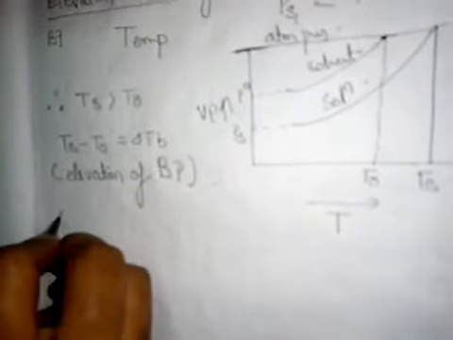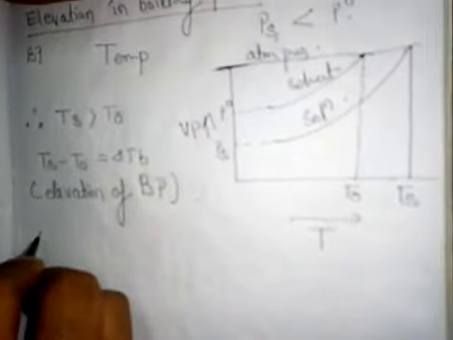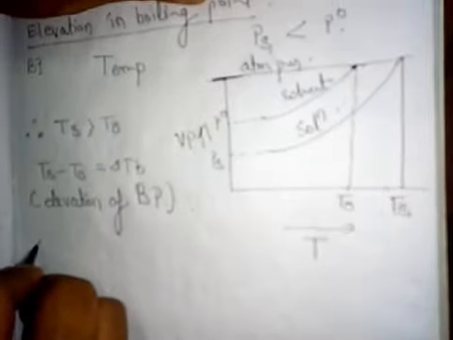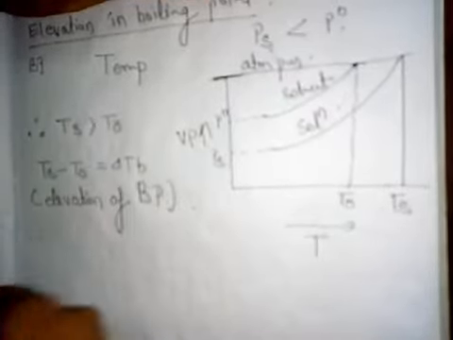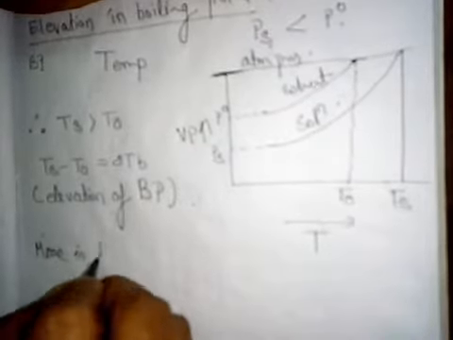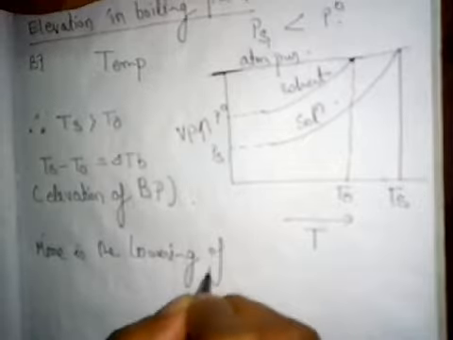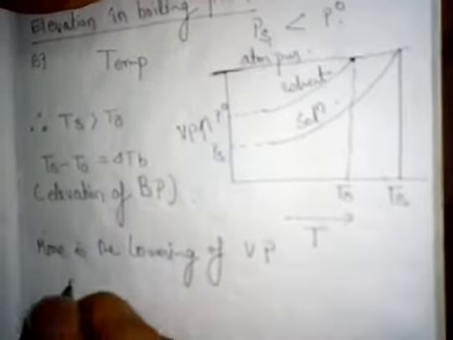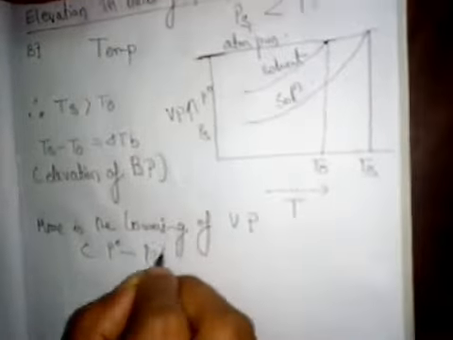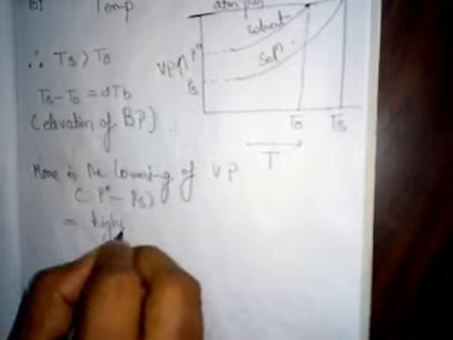Now we can write: more is the lowering of vapor pressure, P naught minus Ps, higher is the elevation of boiling point.